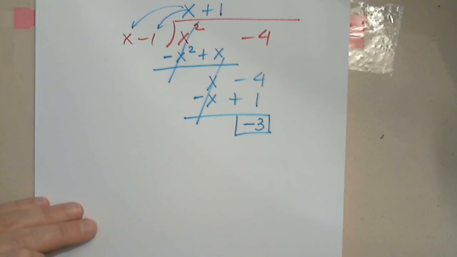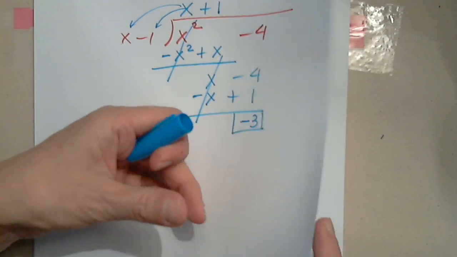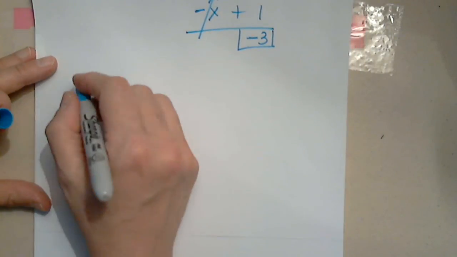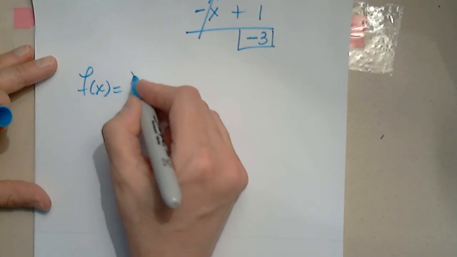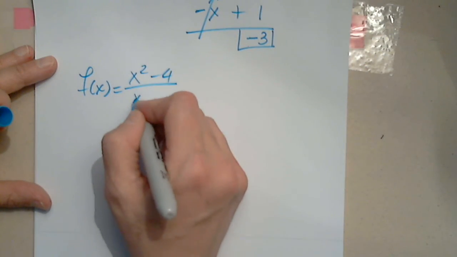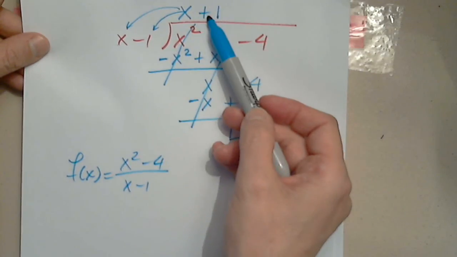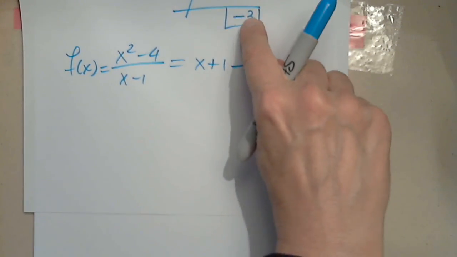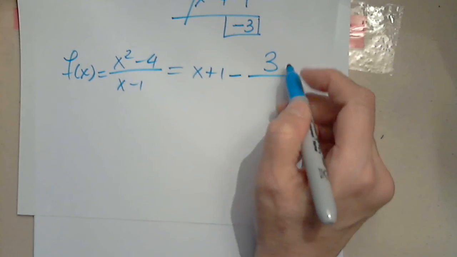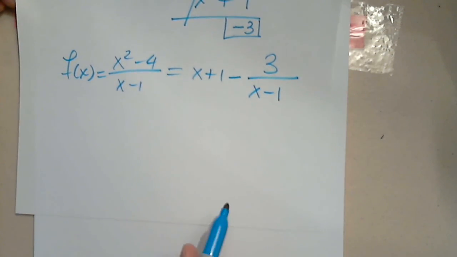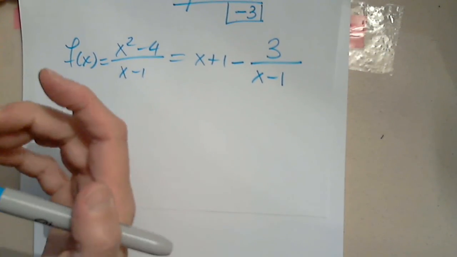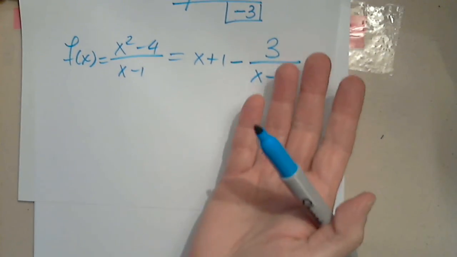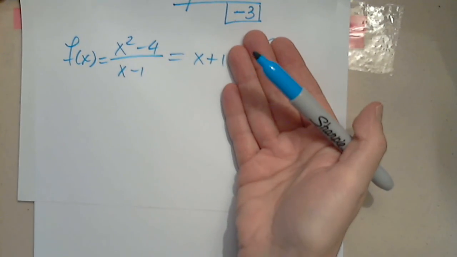So I write the function as, instead of this, I write the quotient minus the remainder over the divisor. When x approaches infinity, this will approach 0.